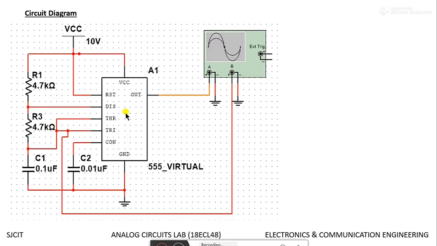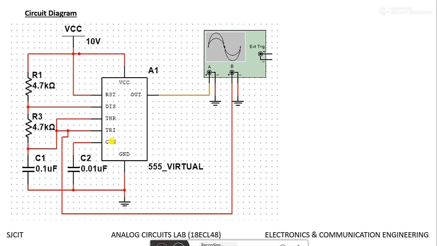Circuit diagram of 555 timer astable multivibrator. 8th pin and first pin of the IC are used to give power, VCC and ground respectively. The 4th pin, reset pin, which is active low, is connected to VCC to avoid accidental resets. 5th pin, control voltage, is not used.